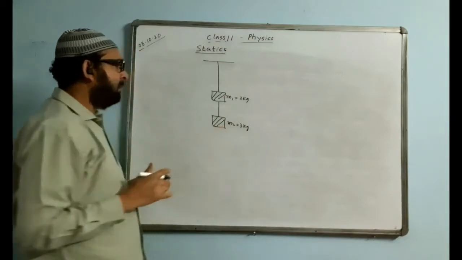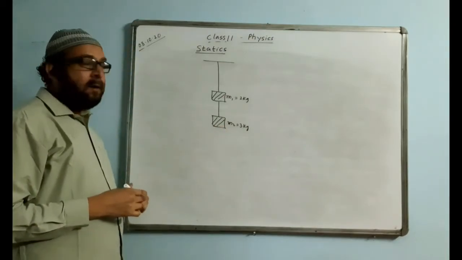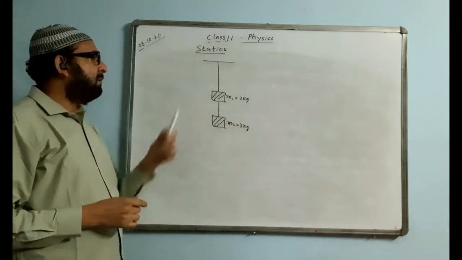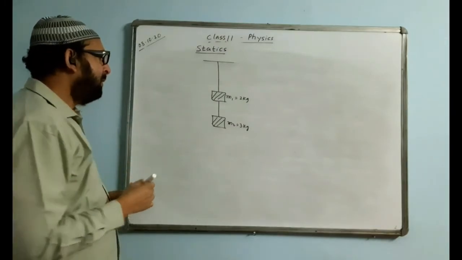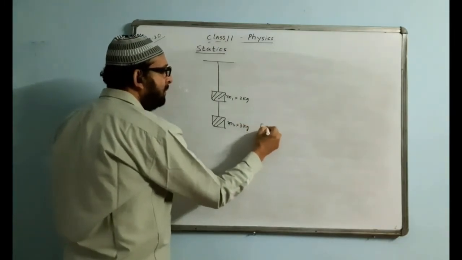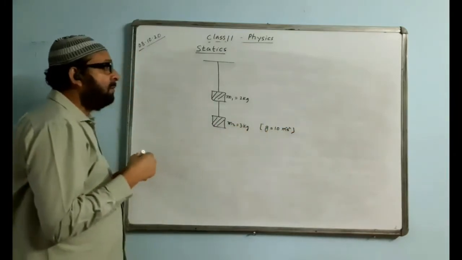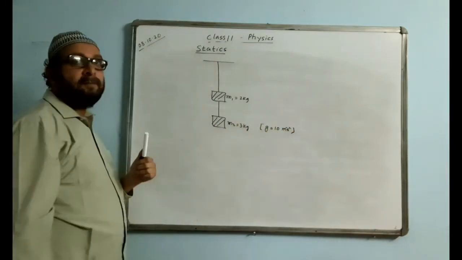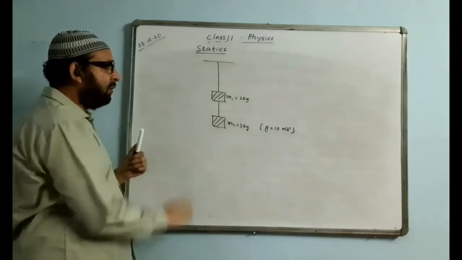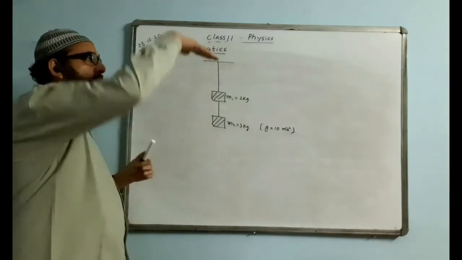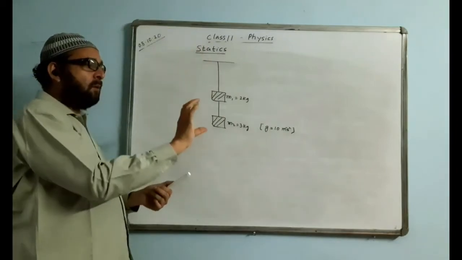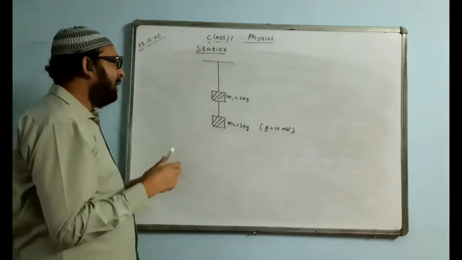The blocks are hanging from a ceiling, and the value of g is given as 10 meter per second square. There is no motion, because no force is given in the upward direction or the downward direction to move it. The blocks are just hanging, at rest like this.